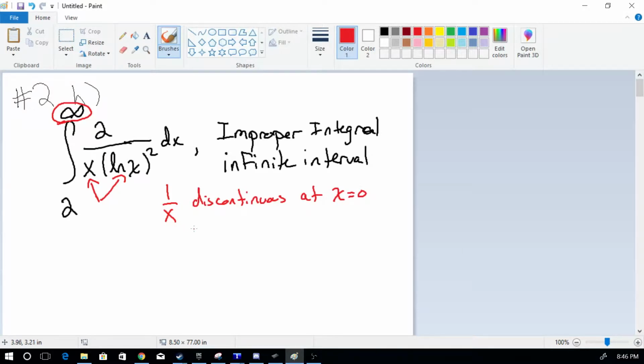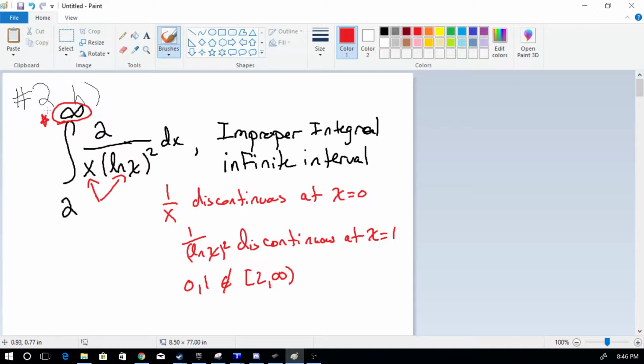And then 1 over ln x squared is discontinuous at x equals 1, but 0 and 1 are not in 2 to infinity, so we don't have to worry about it. So the only thing we have right here is that there's infinity in the symbol.